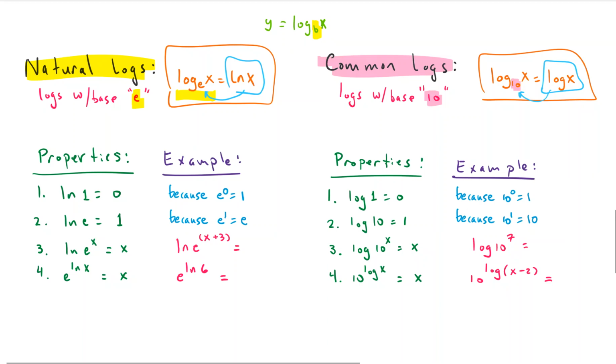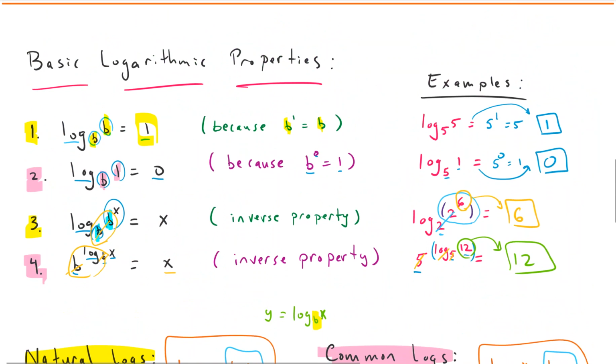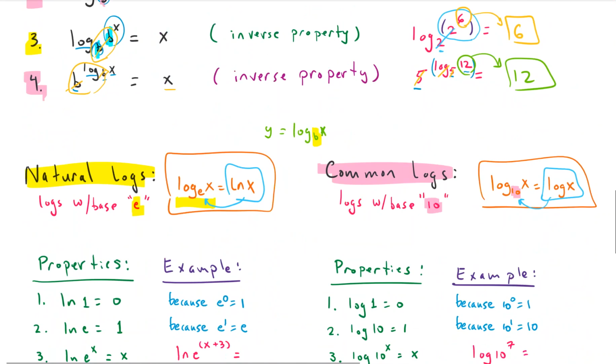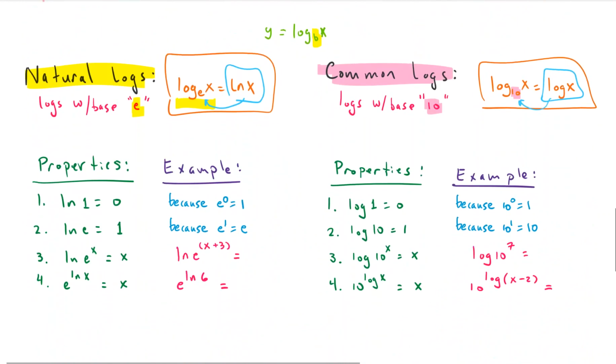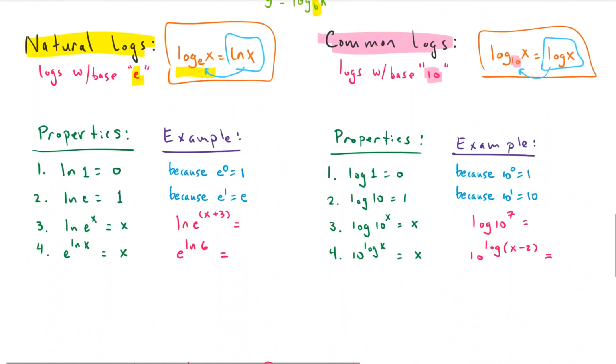So all of the properties that we just discussed, those 4 properties above, all have common log and natural log versions. The principles inside them are the same. They are just written as natural log and common log, instead of generic log base b.